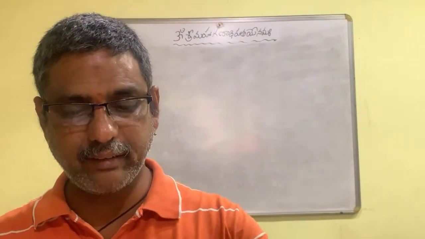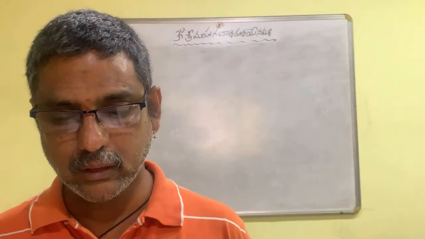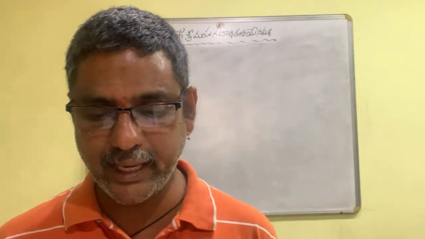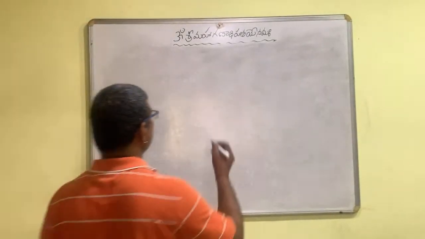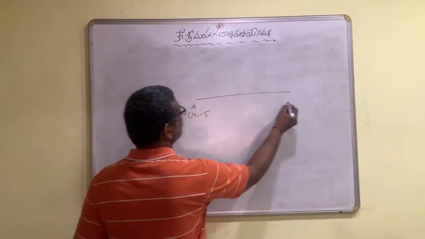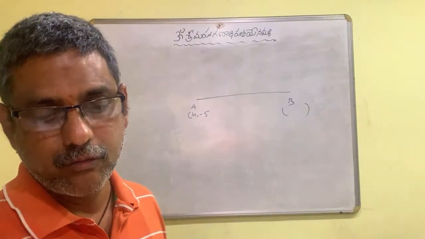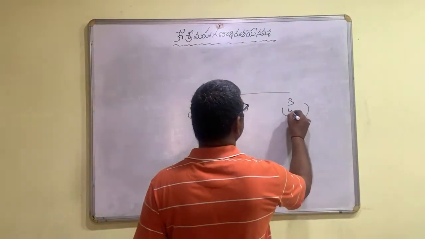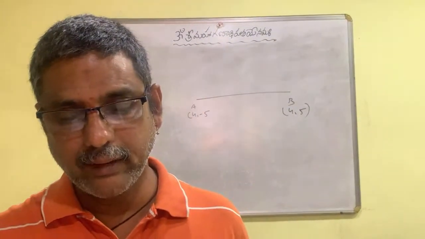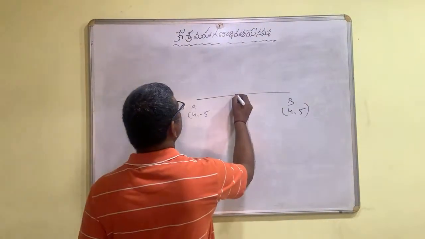Now next question, very important question. It is asked in the 2023 board exams. The line segment joining A (4, -5) and B (4, 5) is divided by the point P in the ratio 2:5.